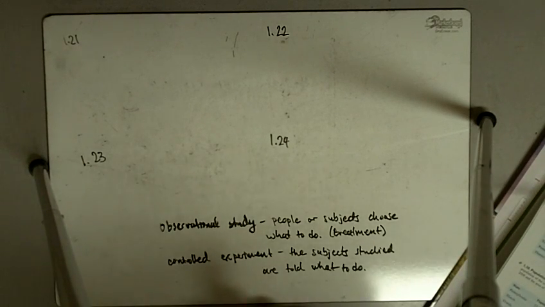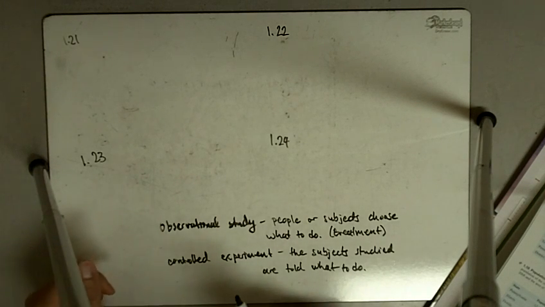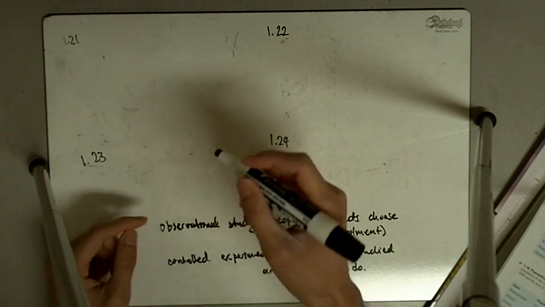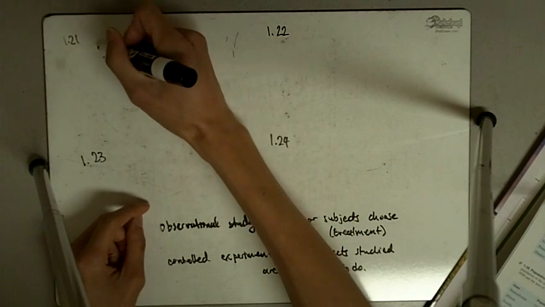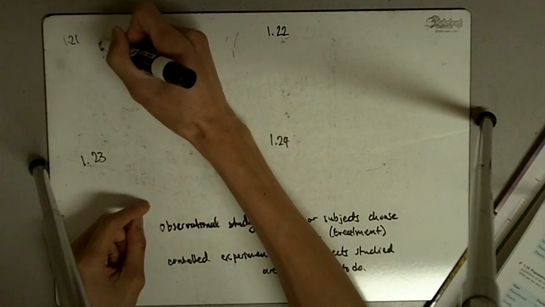So 121 says, a student watches picnickers with a large cooler of soft drinks to see whether teenagers were less likely than adults to choose diet soft drinks over regular soft drinks. Okay, so the key here is that we are watching picnickers.